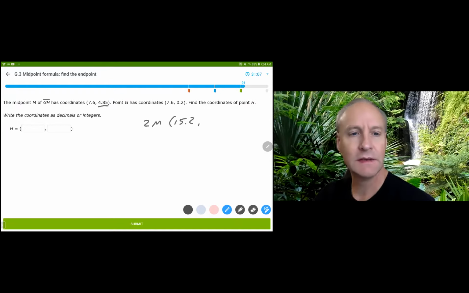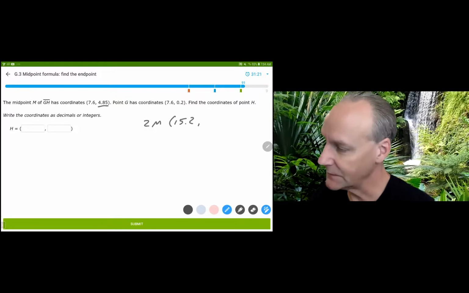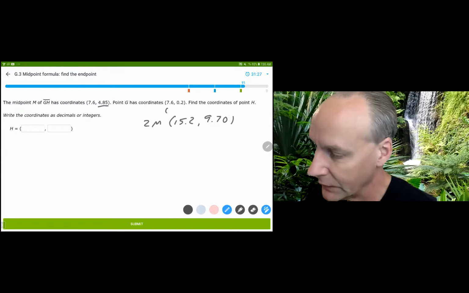4.85. Can you double that one using my little conjugate trick? You're 15 cents short of $5. So when you double it, you're going to be 30 cents short of $10. What's 30 cents short of $10? That's $9.70. And in order to get to 15.2, well, duh, I need the 7.6.